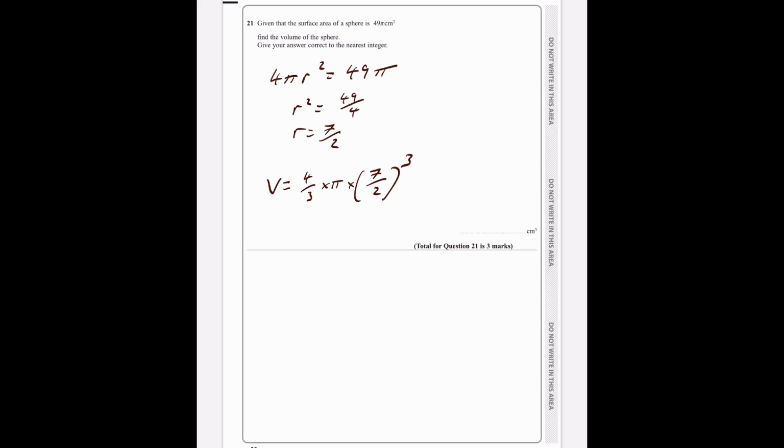So 4/3 times pi times 3.5 cubed, or 7 over 2 cubed, comes out as 343 over 6 lots of pi. Or if you prefer, and the question does prefer because it wants it to the nearest integer, that will be 180 centimeters cubed.